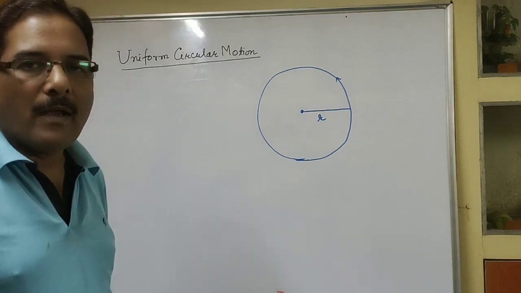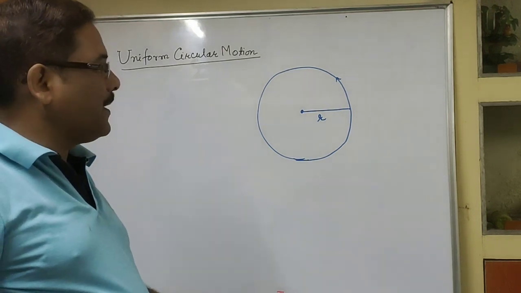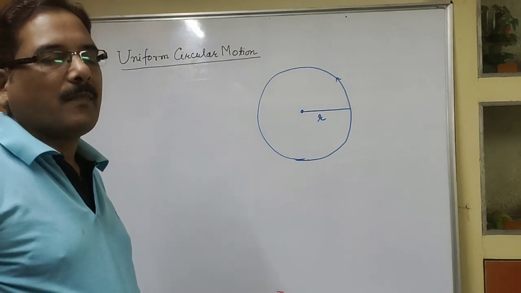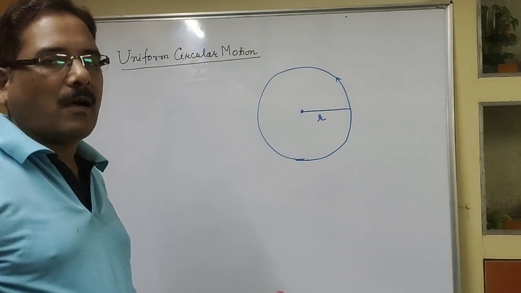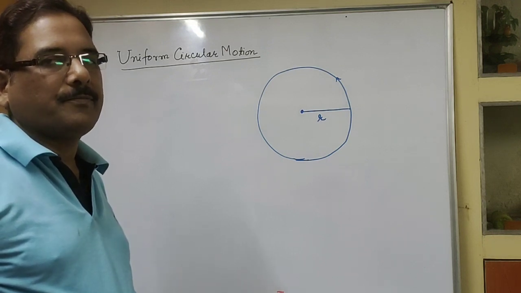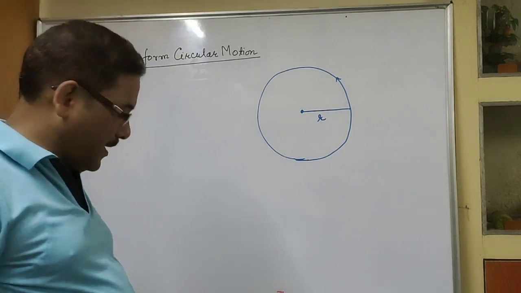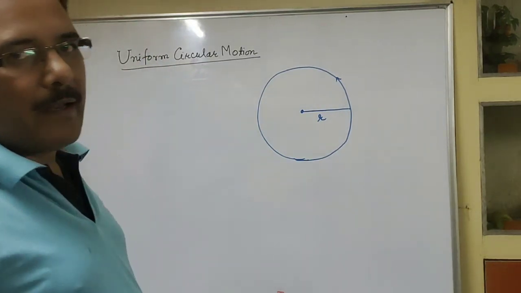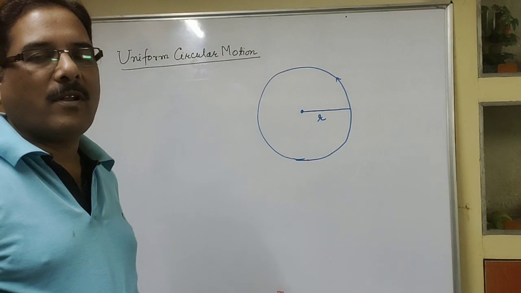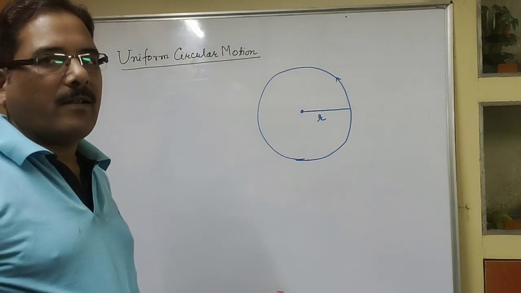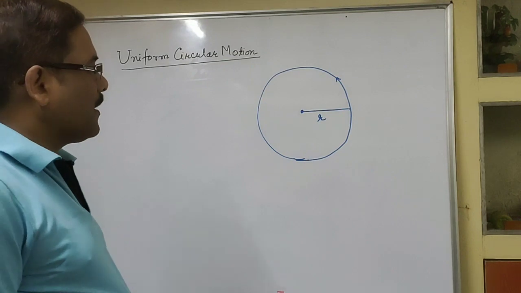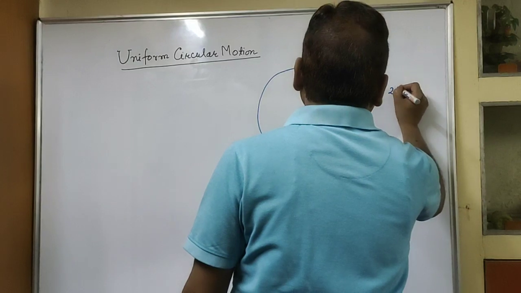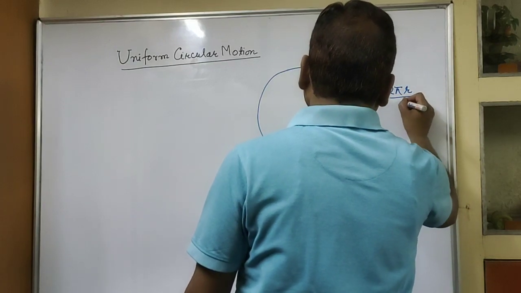If it completes one round of the circular path in time t, then the velocity of the object can be expressed as v is equal to 2 pi r by t.